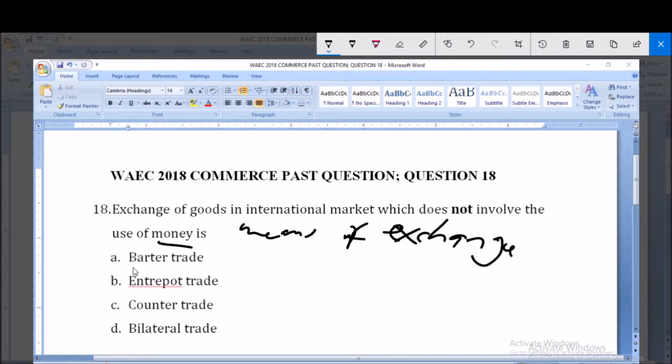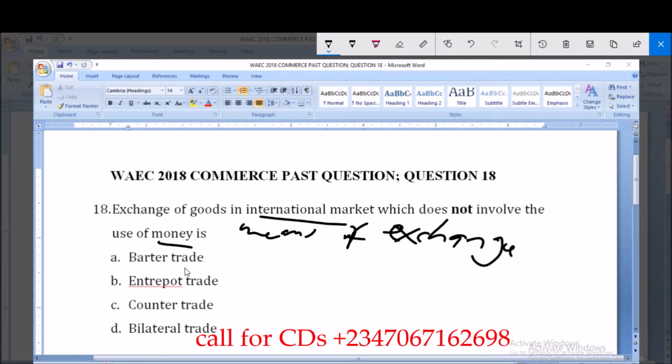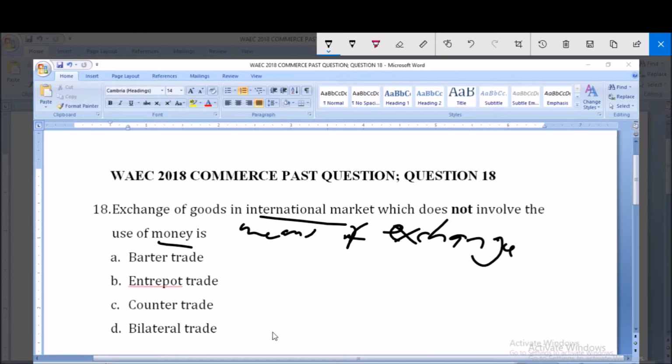Remember that is international market, which is international trade. A, barter trade. B, entrepot trade. C, counter trade. D, bilateral trade. The correct option here is option C, counter trade.